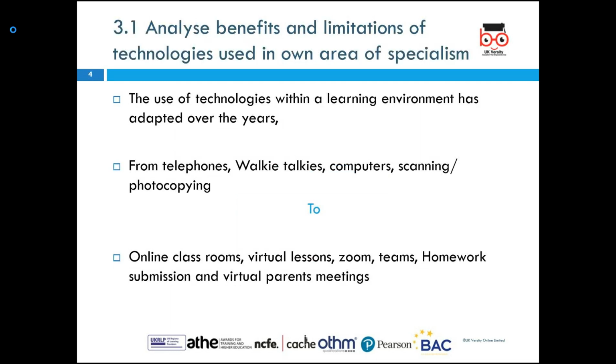So 3.1 is analyze the benefits and limitations of technologies used in your own area of specialism. So when we're using technology within a learning environment, it has, like I've said, helped us to adapt over the years. So in the beginning, we'd have telephones or walkie-talkies to interact if we're in different sides of the buildings.